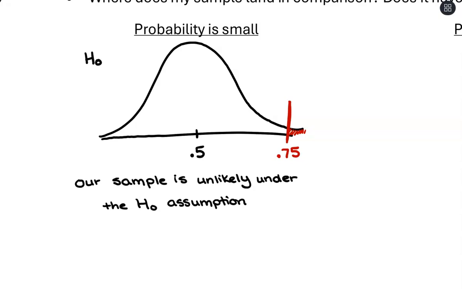Under that null hypothesis, or if it was a fair coin, we saw something very unlikely. What this means is that it is a statistically significant result.